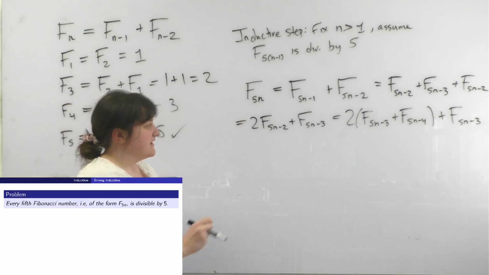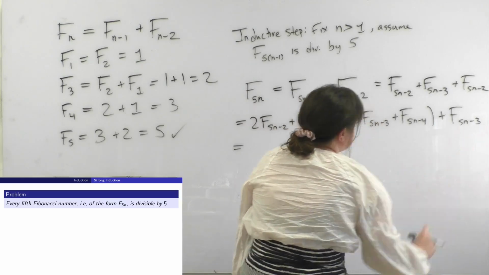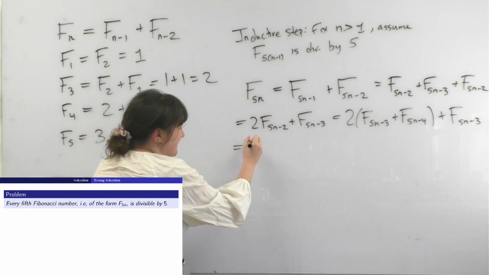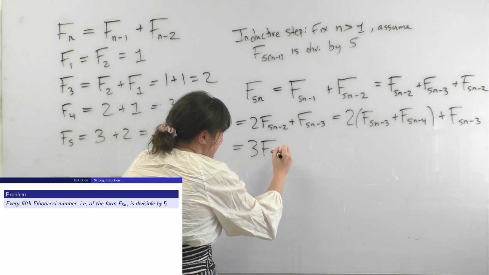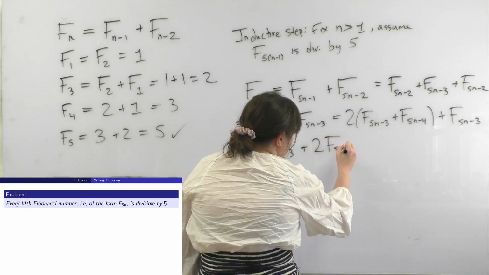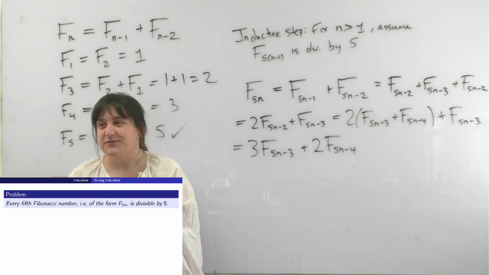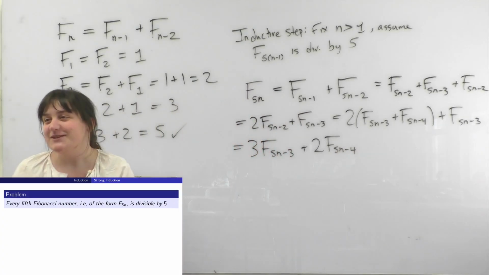Okay. So I have now 3 total copies of F5n minus 3 and 2 copies of F5n minus 4. We're already pretty close to F5n minus 5. Okay, this is not as bad as I feared.